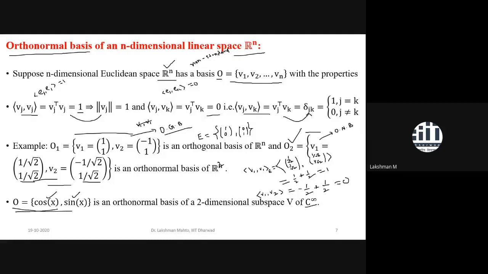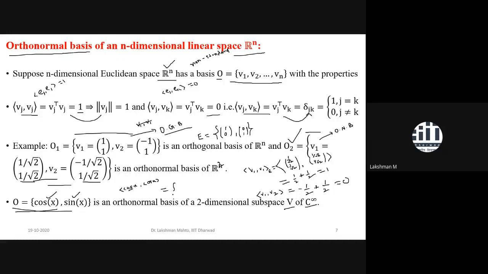This space also forms an orthonormal basis of this two-dimensional subspace in C infinity. How? If you find the dot product of cosine with itself, it would be 1. Now your question would be how we define the dot product of two functions.